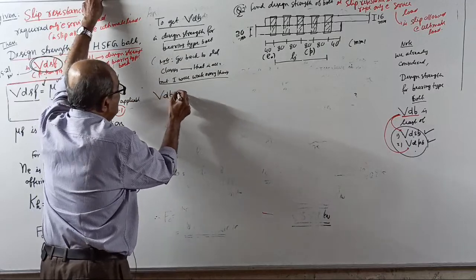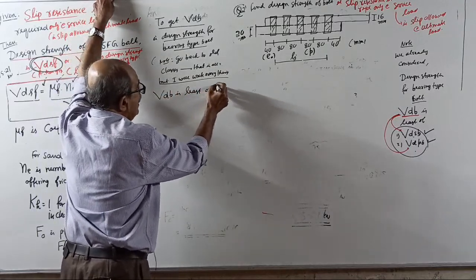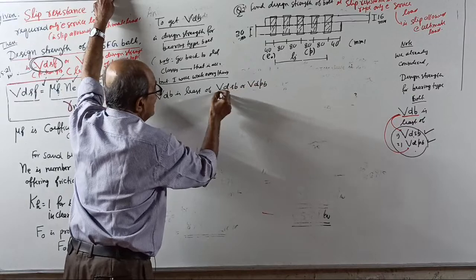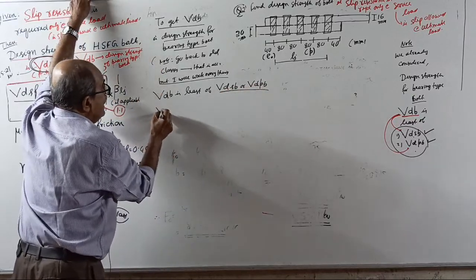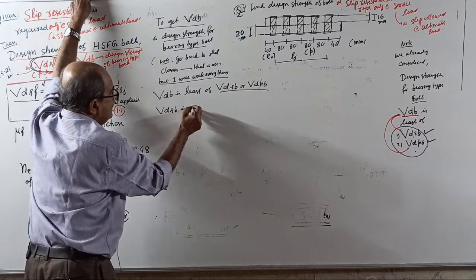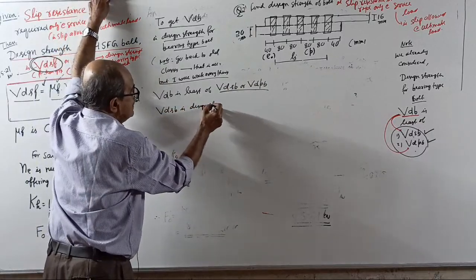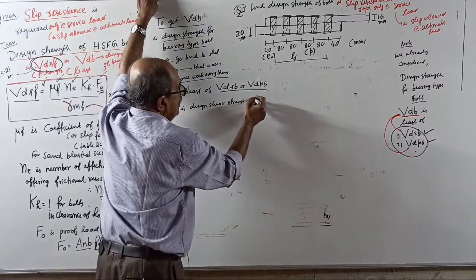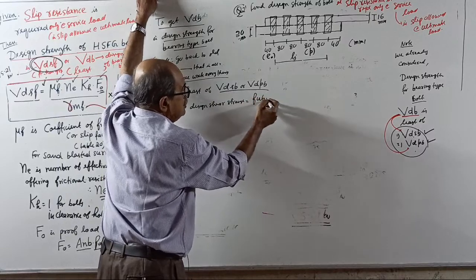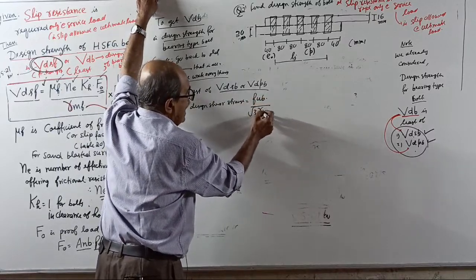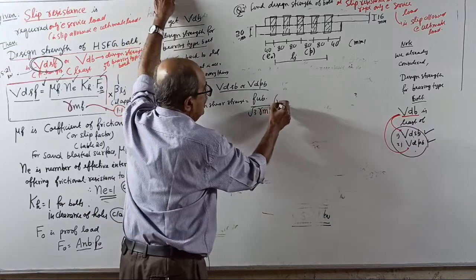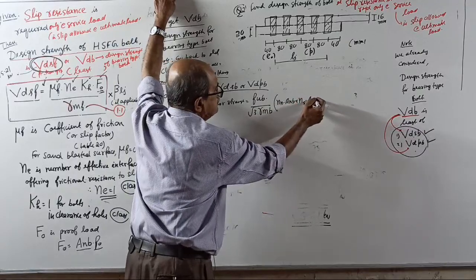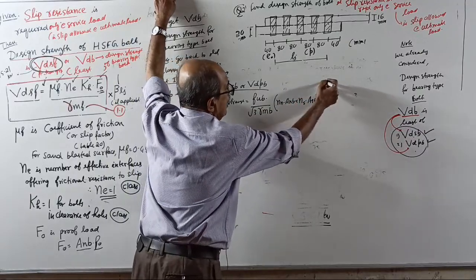VDB is the lesser of either VDSB or VDPB. Okay, start. VDSB, that is design shear strength, equal to FUB by root 3 gamma MB into NN into ANB plus NS into ASB, into betas, all applicable.